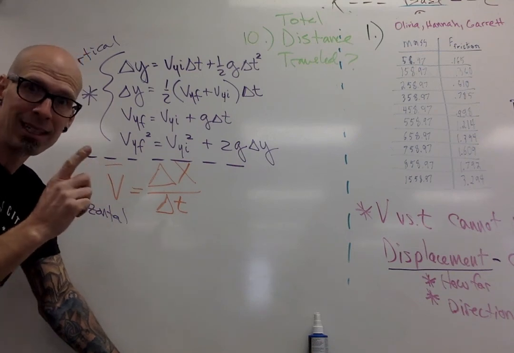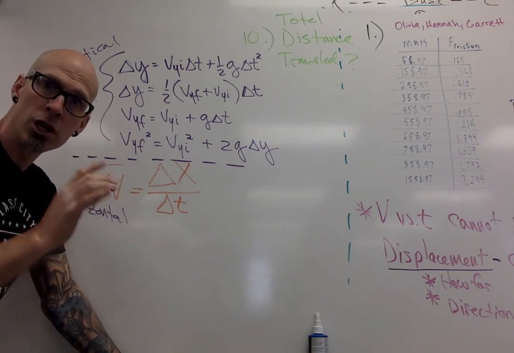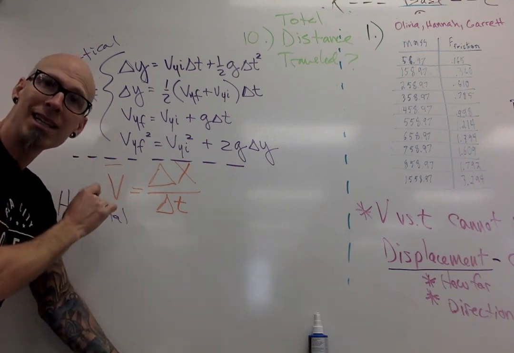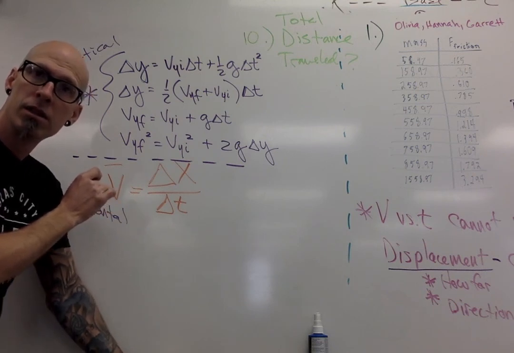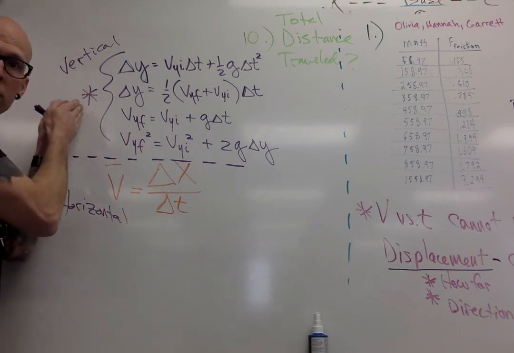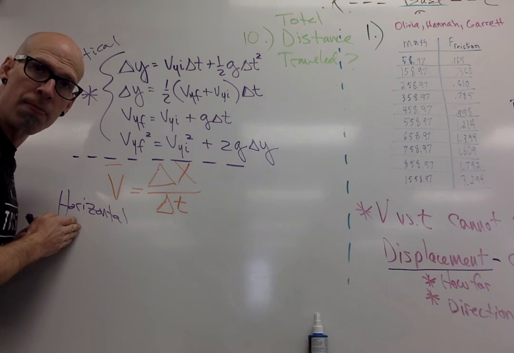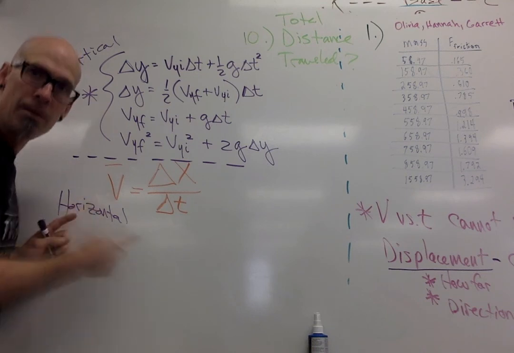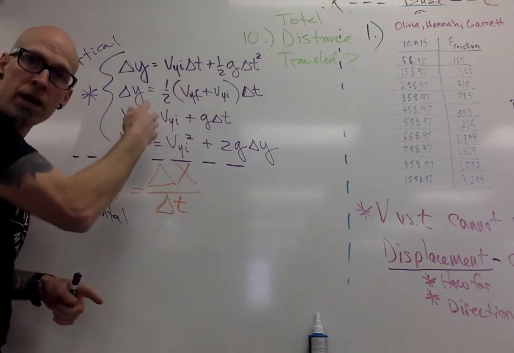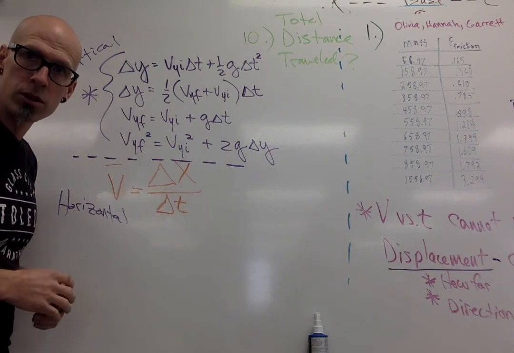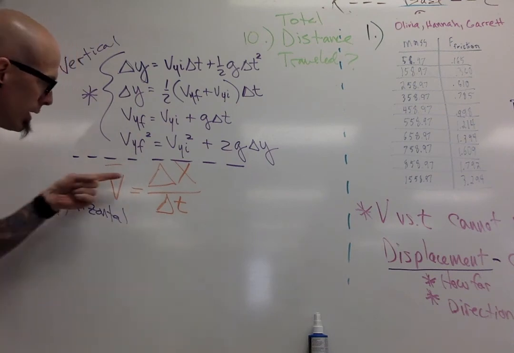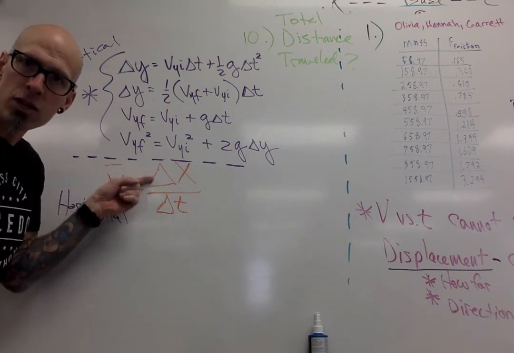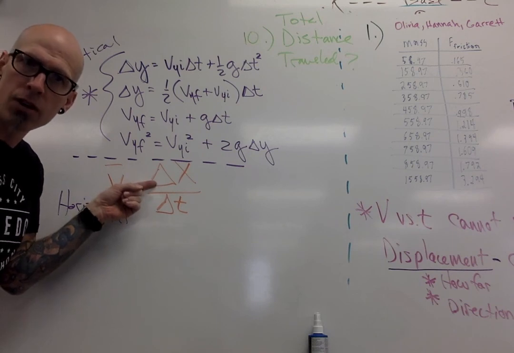So often in these projectile type problems, you will have to find the delta t from one, either the vertical or the horizontal, and use that delta t in the other to find whichever variable you're looking for. Like for instance, if they ask you, hey, what's the horizontal range of the projectile? How far did the projectile go when launched?